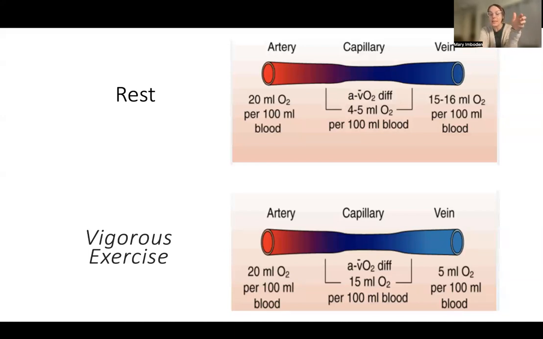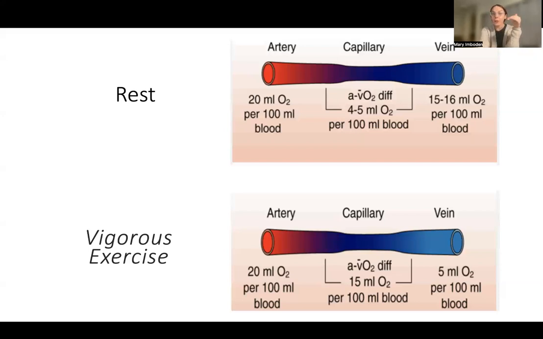So we've extracted 15 milliliters of oxygen per 100 milliliters of blood during vigorous exercise, and that's now our AVO2 difference. If we multiply that by our higher heart rate and higher stroke volume during vigorous exercise, our VO2 is higher during this type of activity.